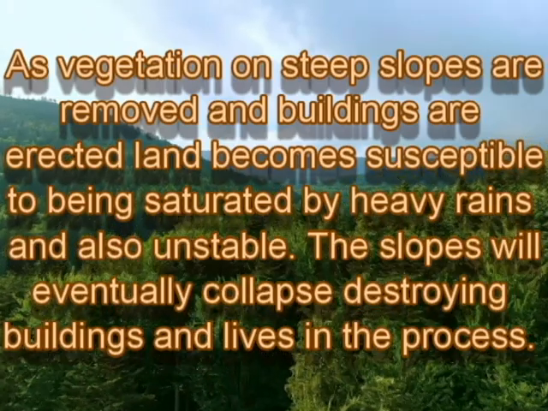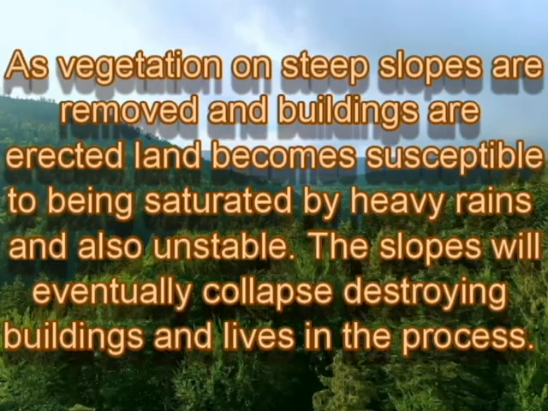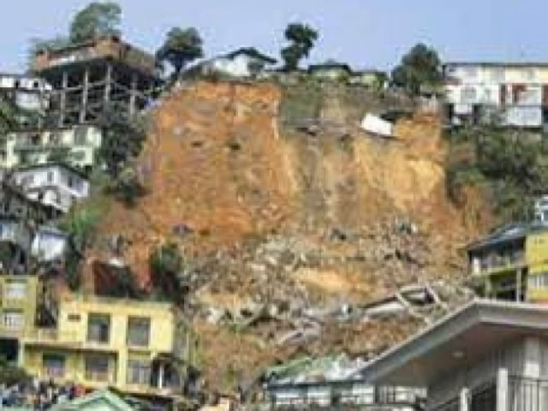Now, this will leave the land prone to being saturated by water during times of heavy rainfall, and eventually causing the loose materials to be pulled downslope by the strong forces of gravity. And this will lead to a landslide that can lead to the destruction of houses or any other buildings within its path. Here you can see a disaster that occurred as a result of such an activity in India.